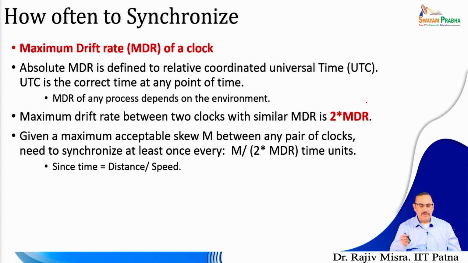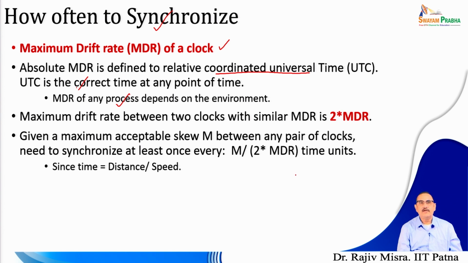Now, how often to synchronize is another important thing. The maximum drift rate MDR of a clock, the absolute MDR, is defined relative to coordinated universal time. The universal time clock is the correct time at any point of time. The maximum drift rate MDR of any process depends upon the environment.